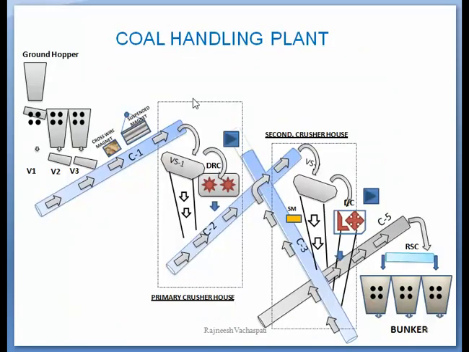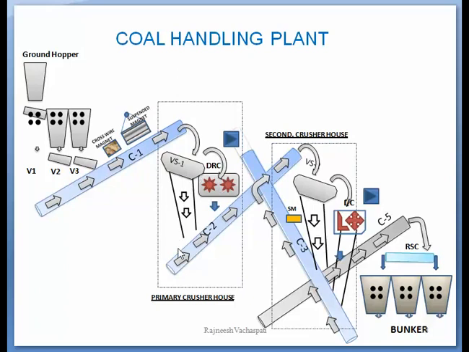The coal which is received generally varies in size. So after unloading it through conveyor belts, it comes to the primary crushing unit where the coal is crushed to a size of 125 mm.